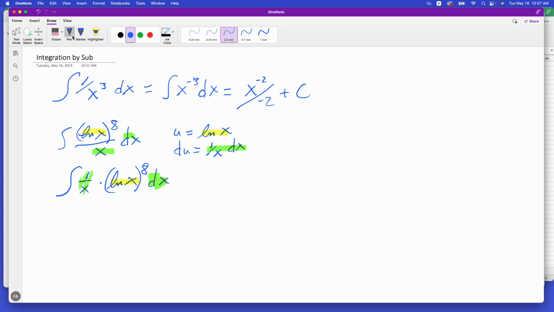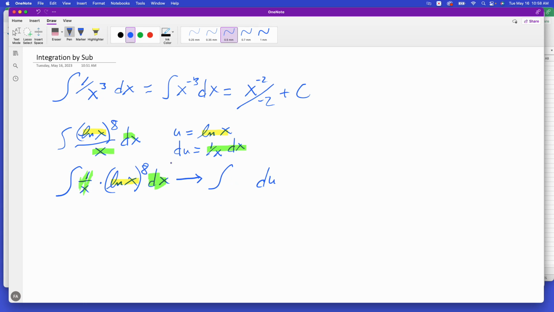Now, what that does for us is it allows us to be able to rewrite this. I'm not using an equal sign because I'm changing my variables here and changing the way this looks, so it's not exactly the same function, but it's going to have the same behavior. So then I'm going to say, well, I can replace 1 over x dx with du because they're equivalent right there.